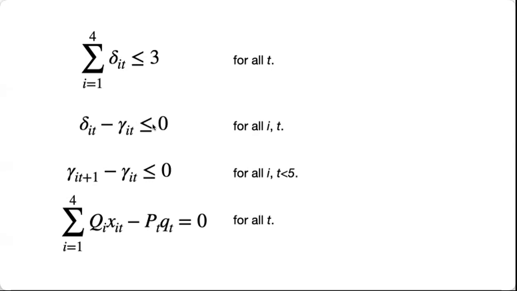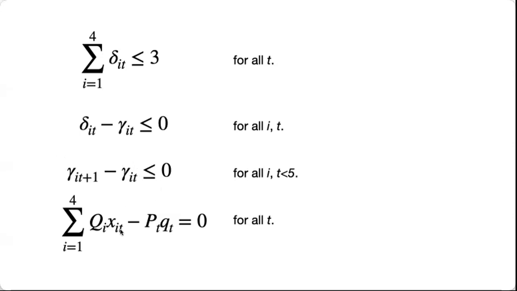That means if we close the mine already, we cannot work on that mine anymore. And for consecutive years, delta IT plus 1 minus gamma IT plus 1 minus gamma IT must be negative or 0.